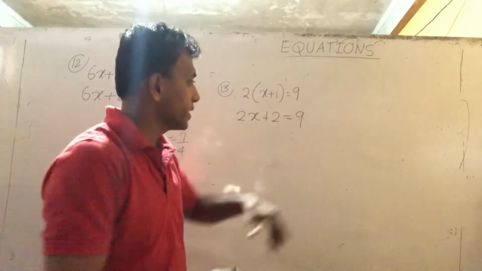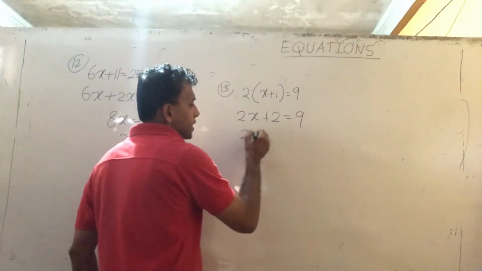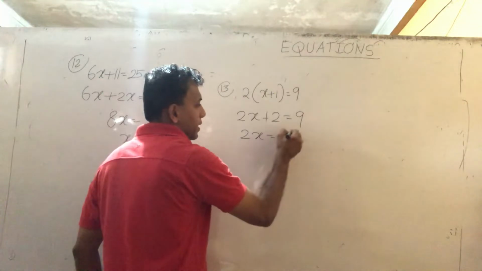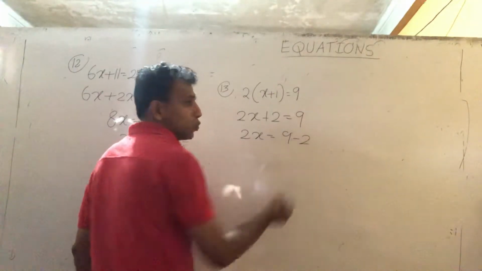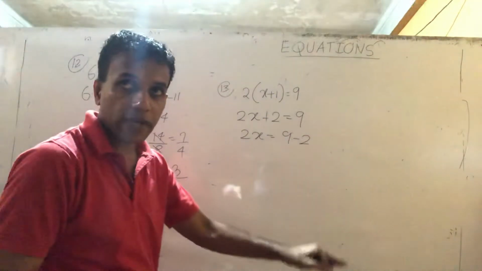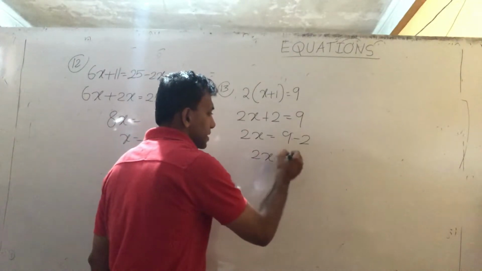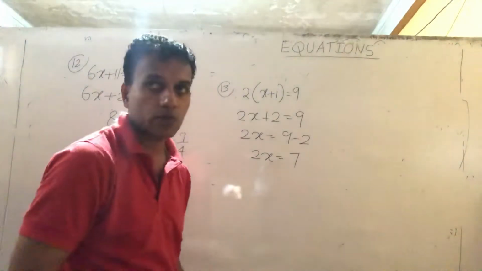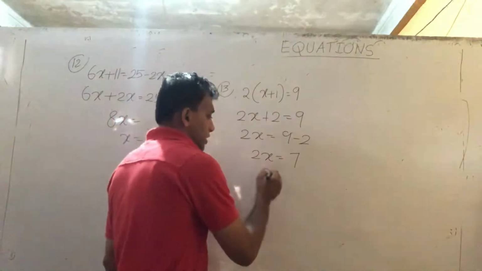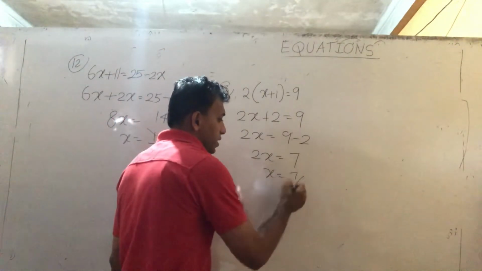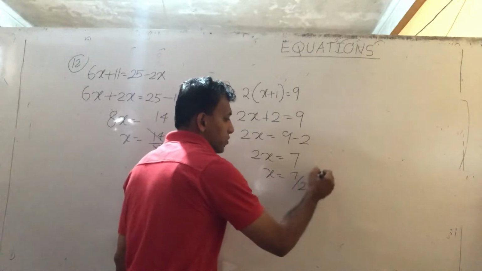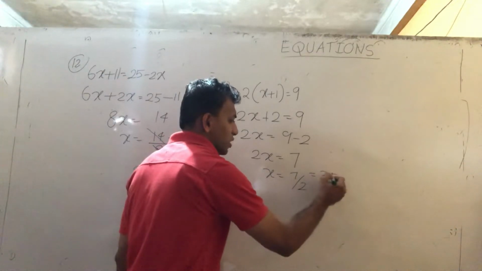Take the plus 2 to that side. 2x equals 9 minus 2. Plus 2 other side minus 2. Therefore 2x equals 7. So x equals 7 divided by 2, otherwise 3.5.